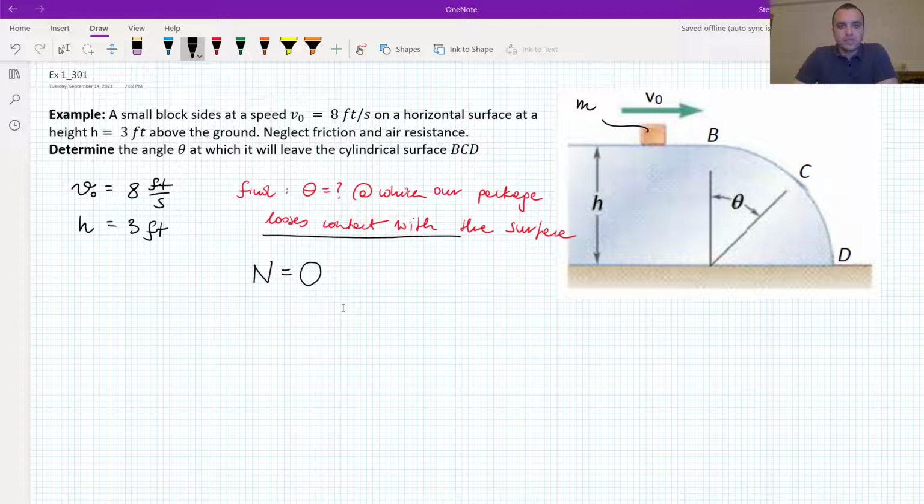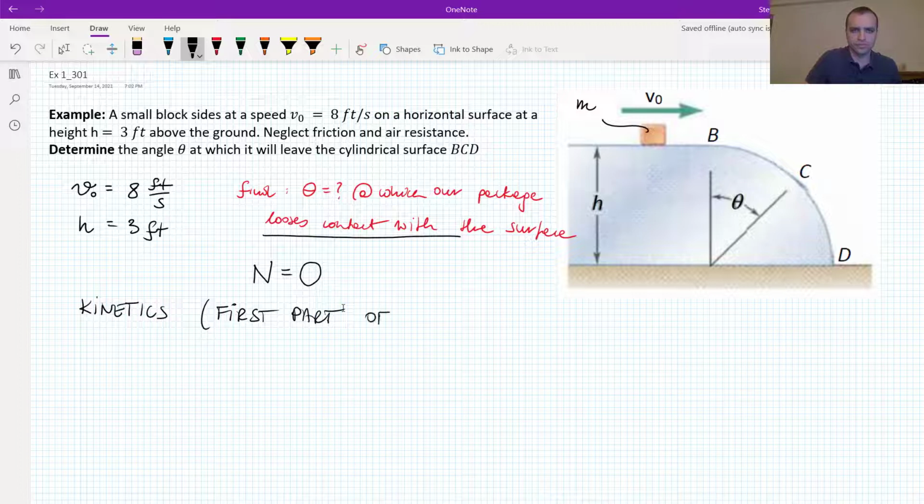So as you can see, even though we are in work energy chapter, we will actually start our solution with kinetics. And a little bit of spoiler alert, work energy will be second part of our solution.